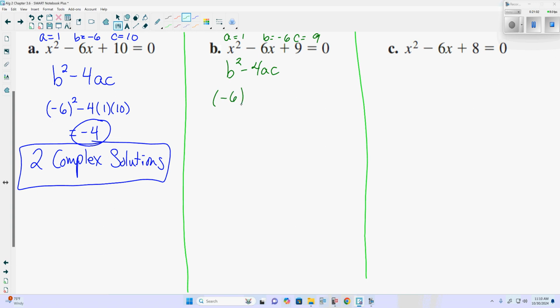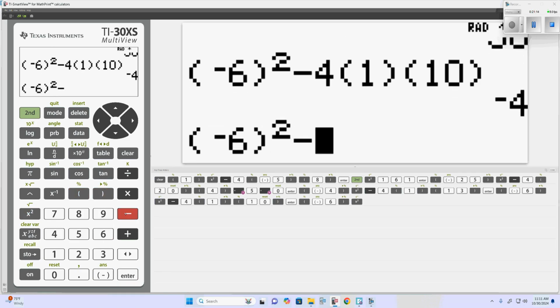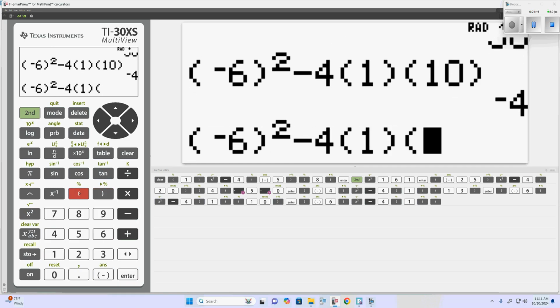Well, B is still negative 6 squared minus 4 times 1 times 9. And our answer is 0.